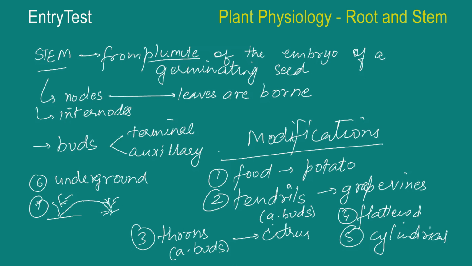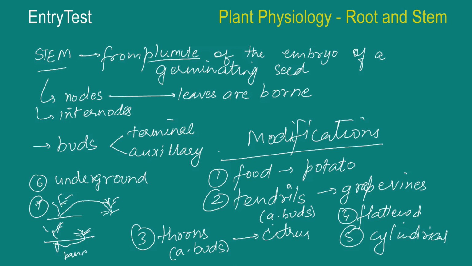Sometimes, like in banana and pineapple, the branches originate from the basal and the underground part of the stem. They grow horizontally. That means, let's suppose this is the plant. They arise from here. This is the root. They arise from here. They grow in a horizontal fashion and then come out of the ground obliquely to give rise to a new plant.